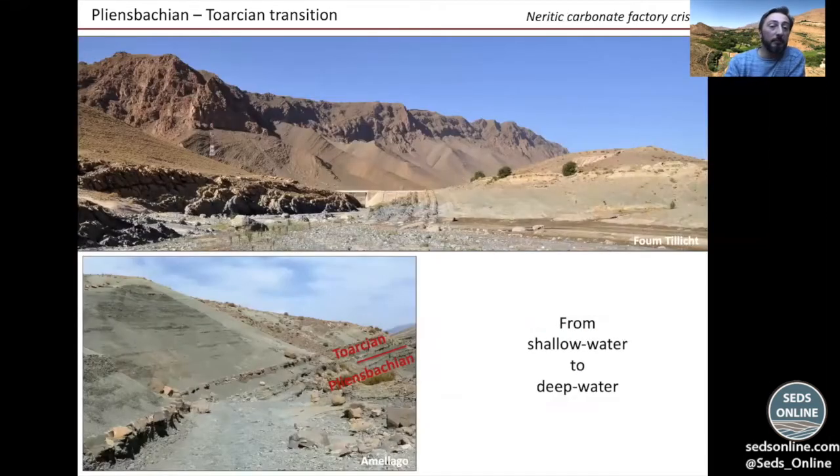And this neritic carbonate factory crisis at the Pliensbachian-Toarcian boundary can as well be very nicely seen in deep water deposits in the basin. When you go from the left to the right, you can see on the left this very nice hemipelagic limestone-marl alternation that all of a sudden stops directly, and then there is almost no carbonate at all, but just very clay-rich, silt-rich deposits of the Toarcian, right?